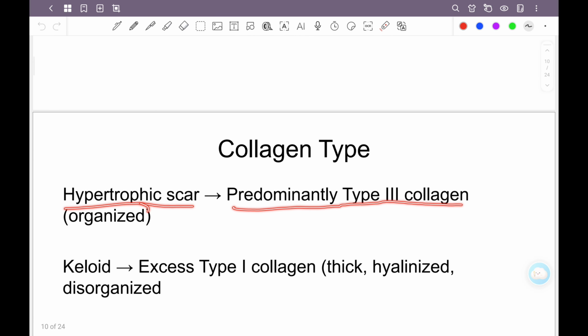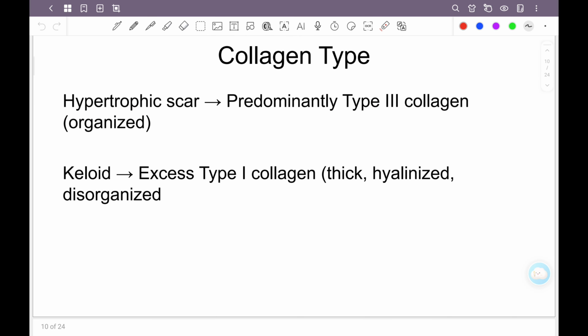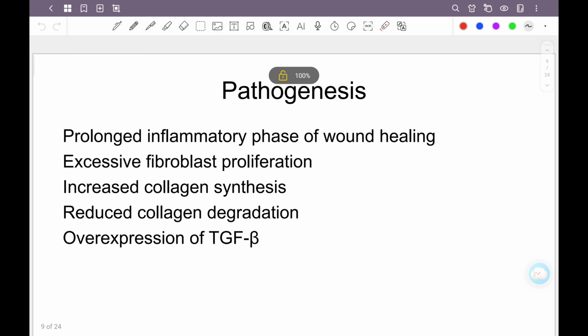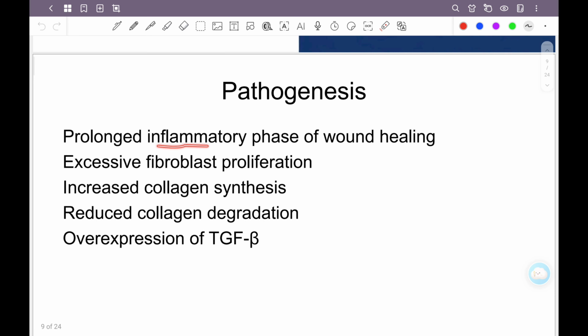In a hypertrophic scar the collagen is organized, but in keloid there is excessive type 1 collagen which is thick, hyalinized, and disorganized. So the main thing to understand for pathogenesis is a prolonged inflammatory phase of healing due to excessive fibrous proliferation, with increased synthesis and decreased degradation.